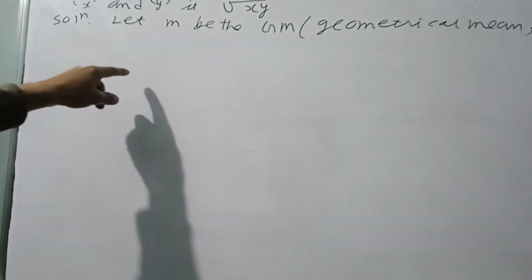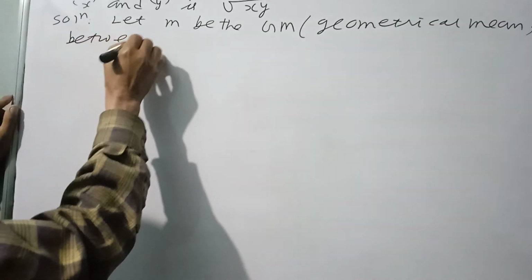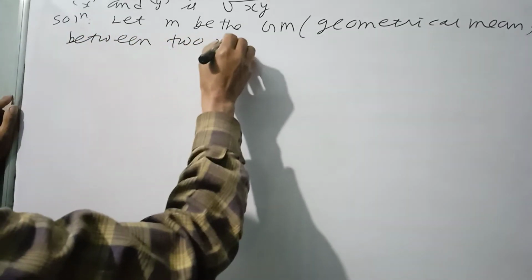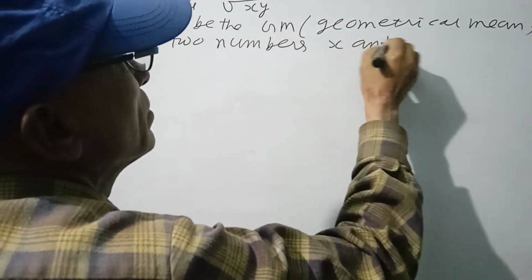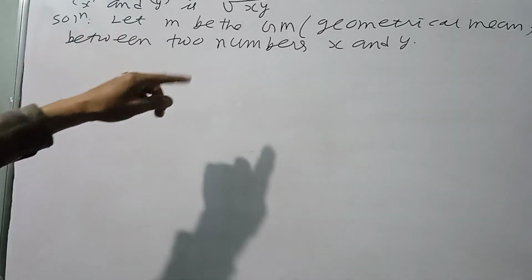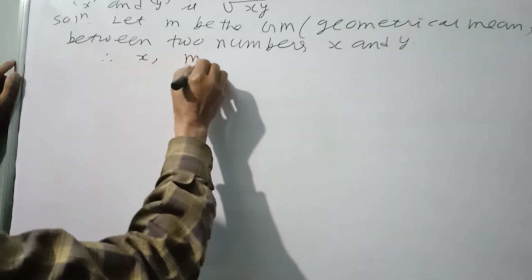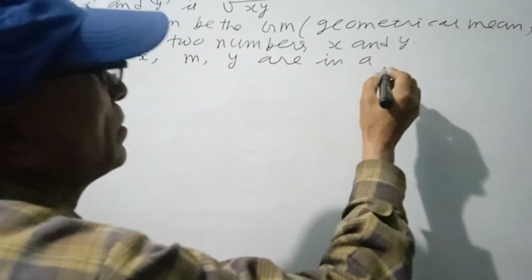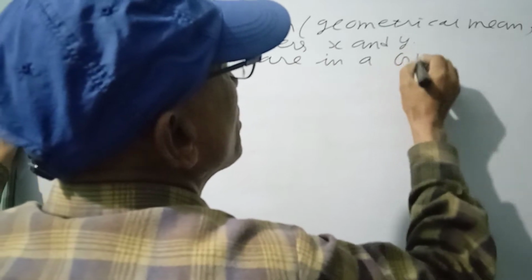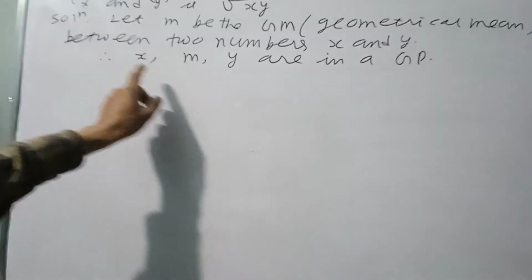Let m be the geometrical mean between two numbers x and y. Therefore, x, m, y are in a geometric progression, GP.